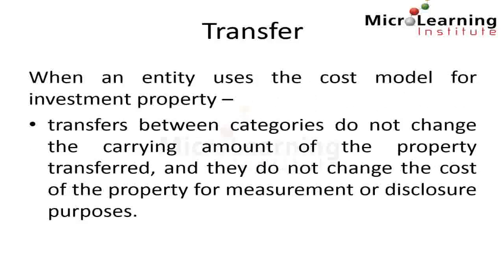When an entity uses the cost model for investment property, transfers between categories do not change the carrying amount of the property transferred, and they do not change the cost of the property for measurement or disclosure purposes.